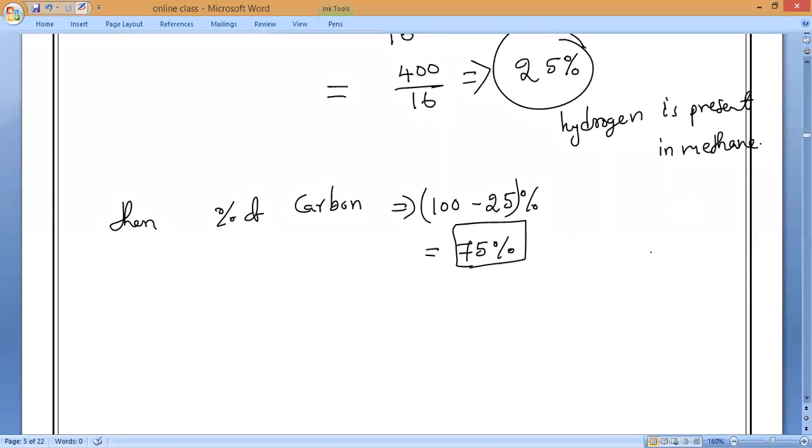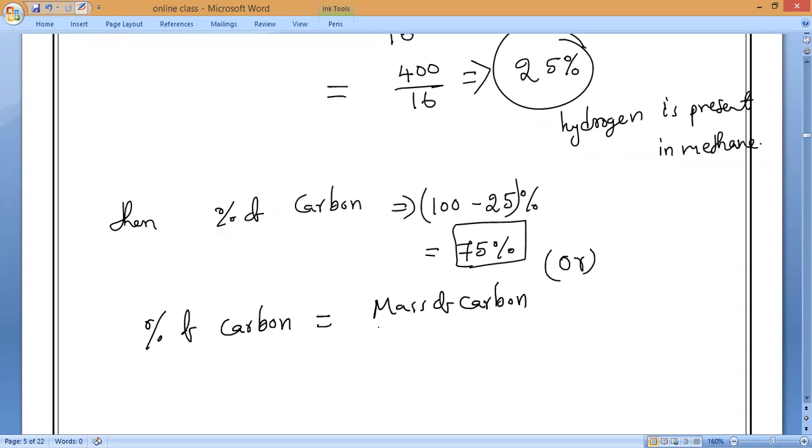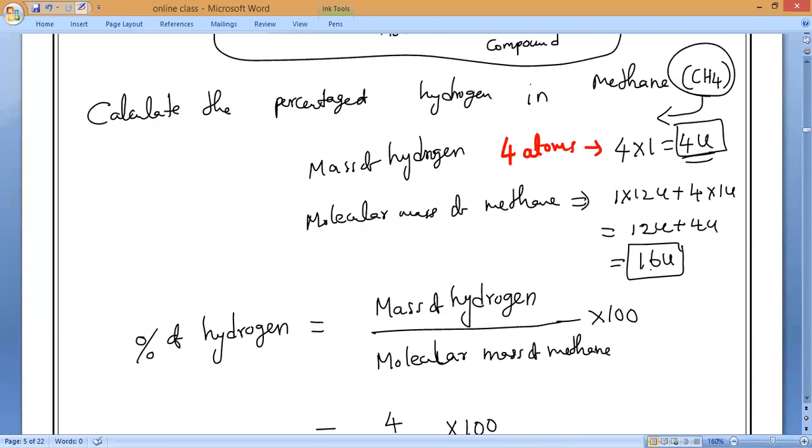Sir, I can do this method or I can do another method. So now, percentage of carbon is equal to mass of carbon divided by, what is the formula? Mass of carbon divided by molecular mass of methane into 100. So now check it. In methane, what is the number of carbons?